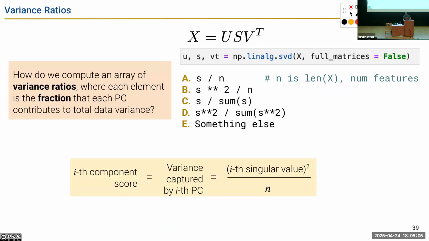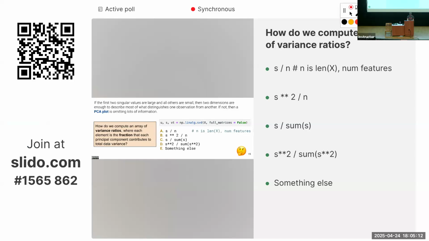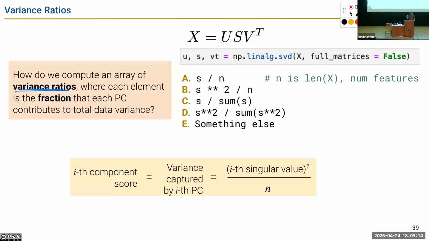So, quick Slido here. How would we compute the variance ratios? Let me see if the Slido got updated on this end. Okay, I don't think it did. So take a look at this slide for a little bit, and I'm going to put up the Slido in just a moment. How do we compute an array of variance ratios that tell me how much each principal component contributes to the overall variance? Ideally, I'd want to know, let's say PC1 gives me 80% of the variance, PC2 gives me 10%, and so on.